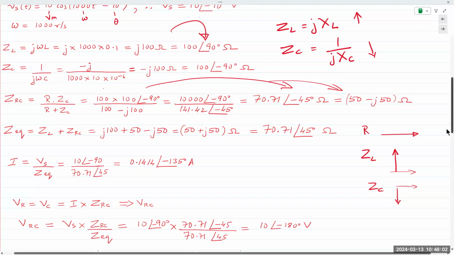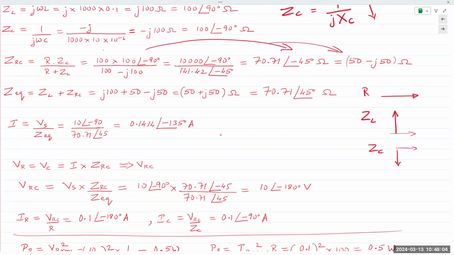Okay, so if we plot this, the real component would be 50, and the imaginary component is J50. Again, this is not to scale. So this is the real axis, and this is the imaginary axis.